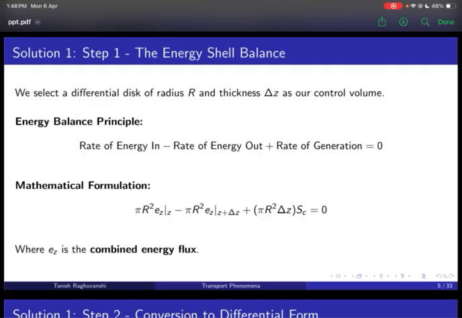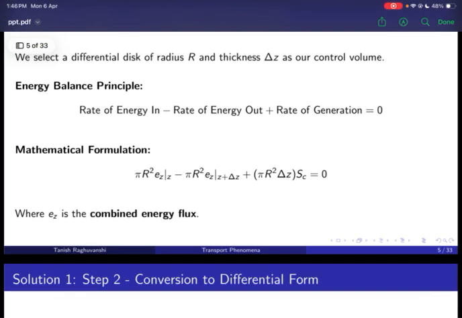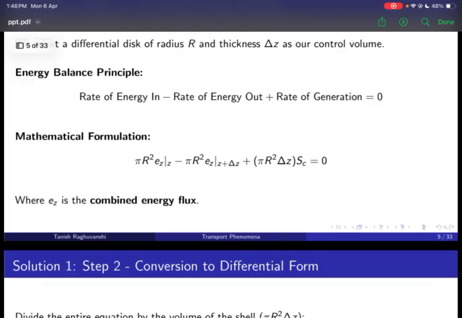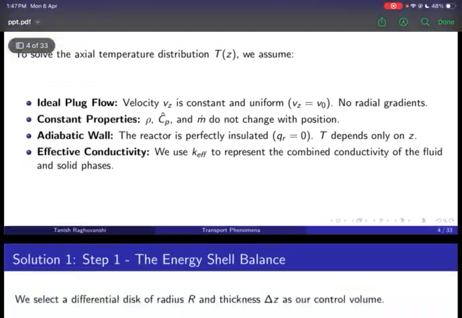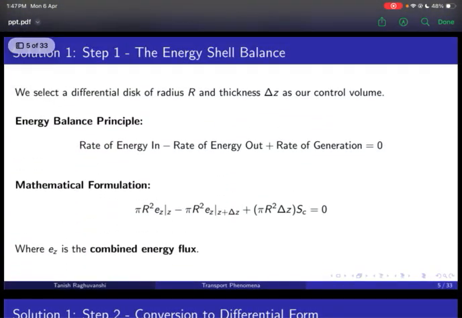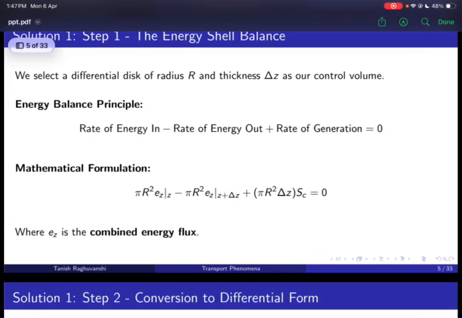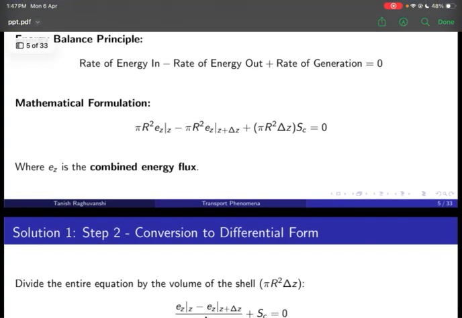energy balance. So we start off with the mathematical formulation, which is pi r square, the surface area, multiplied by the combined energy flux at z, subtracted by that at z plus del z, the differential disk, and then the volume times SC, which is the active zone of the catalyst region, equal to 0 as stated earlier.